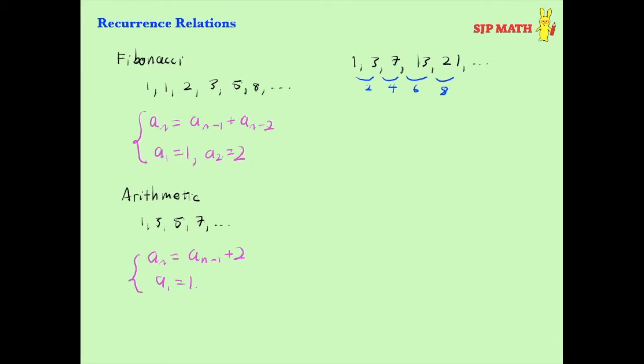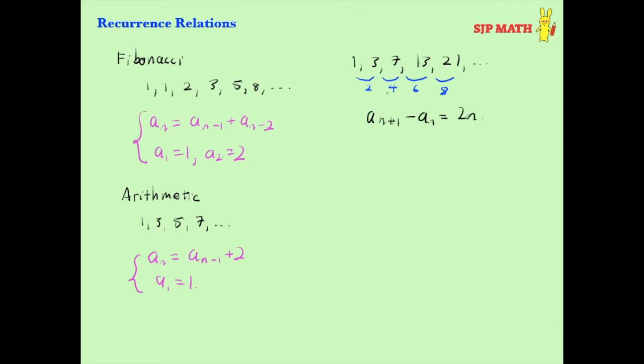So we can conclude that the difference between any two consecutive terms, a_(n+1) minus a_n, is equal to 2n.